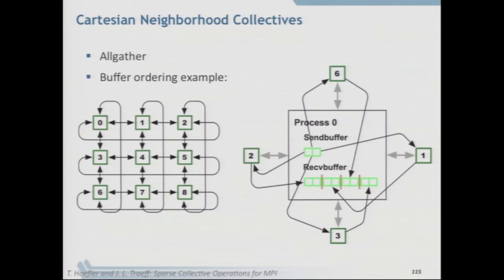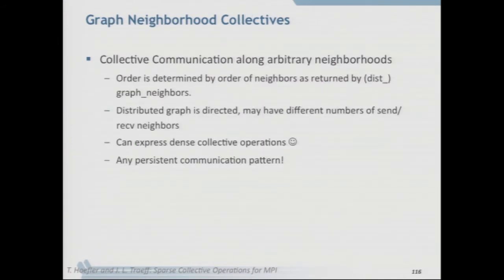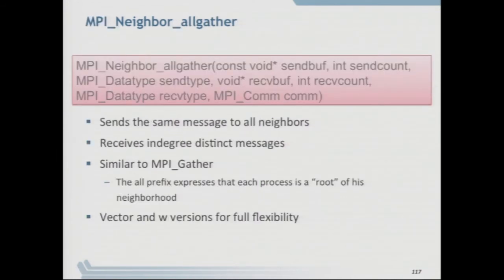So the data from the left side will be stored first. That is 2 is the left neighbor, 1 is the right neighbor. So the data from 1 will be stored here, and then the neighbor on the lower side, then 6 will be stored here, and then 3 will be stored here.